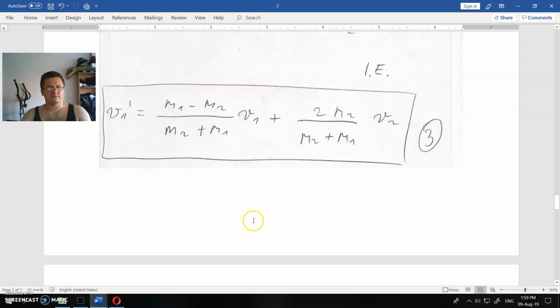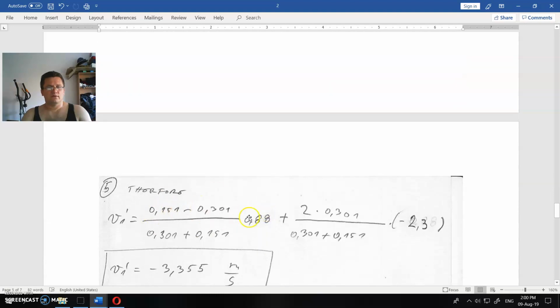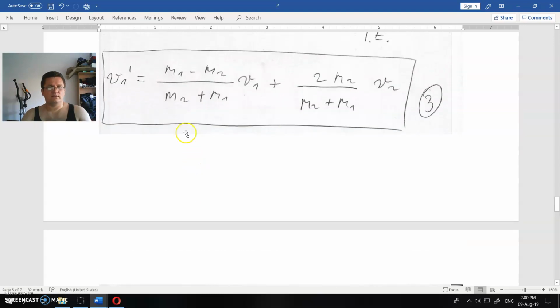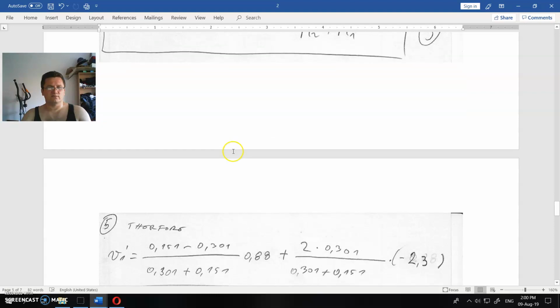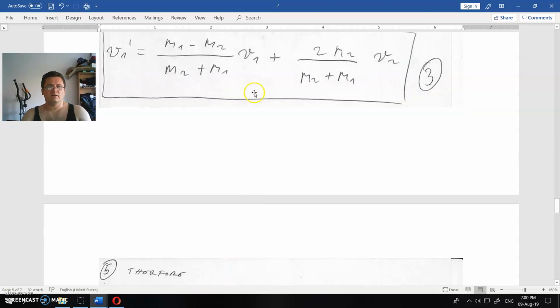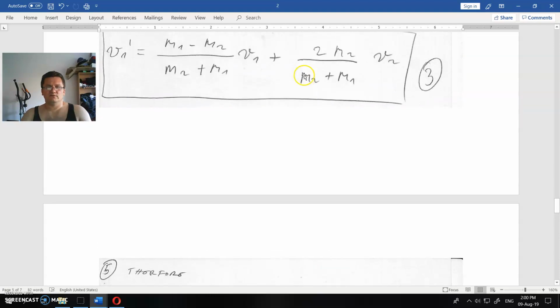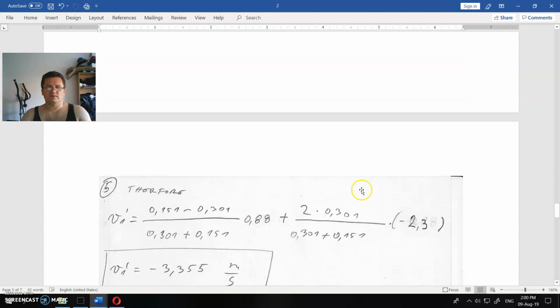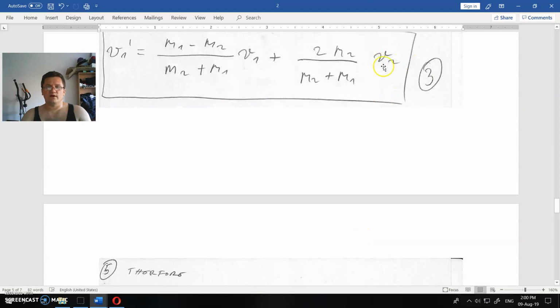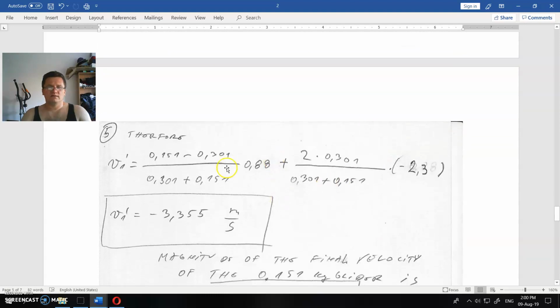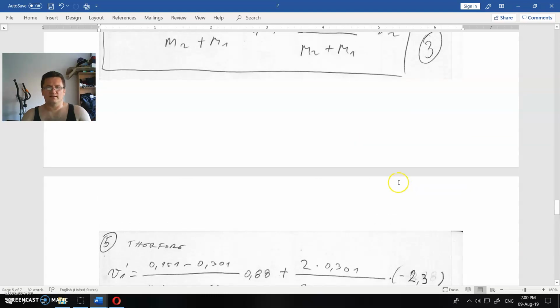And now you just need to rewrite the data. But bear in mind that this is mass 1, mass 2, mass 2, mass 1, mass 1, mass 2, mass 1. This is the velocity, speed of the first. This is 2 times mass 2, and mass 1. That is alright, but when you're writing these speeds here, you bear in mind their signs.